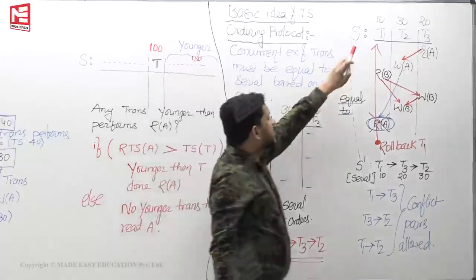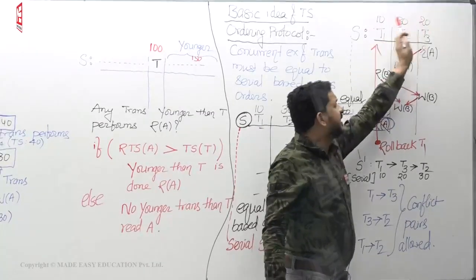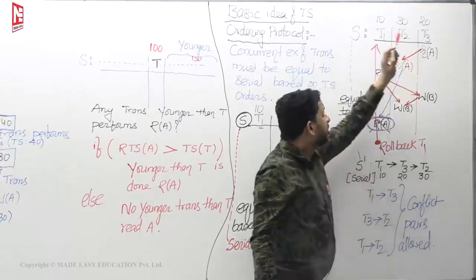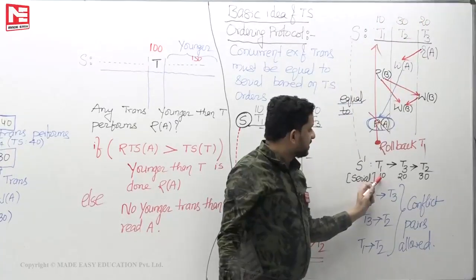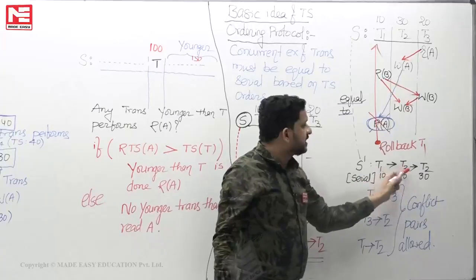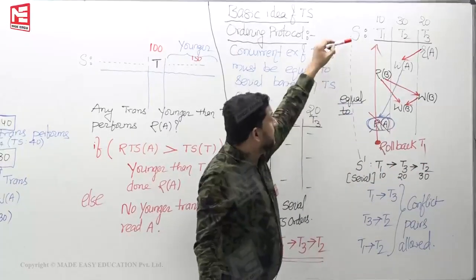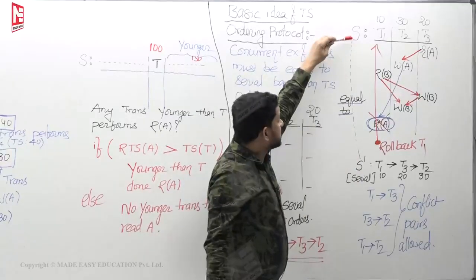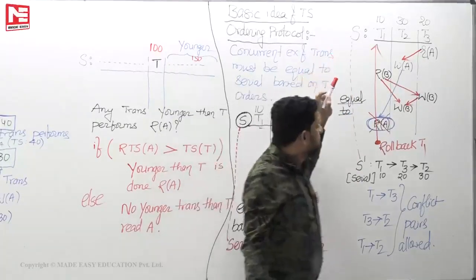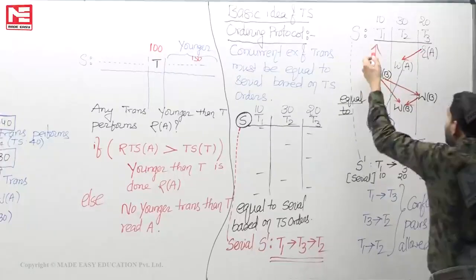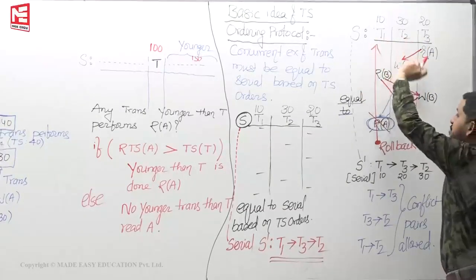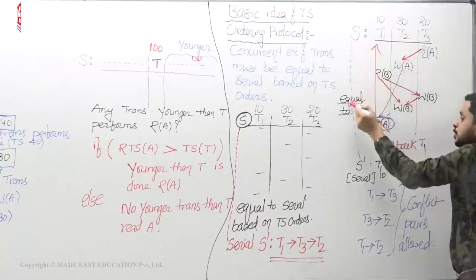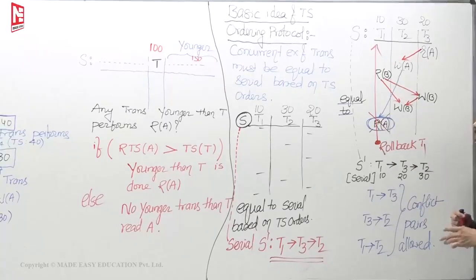The timestamp values of T1, T2, T3 are 10, 20, 30, which means the timestamp order is T1, T3, T2. We are expecting the schedule to be equal to the serial, so this concurrent execution should be equal to the serial based on timestamp order.